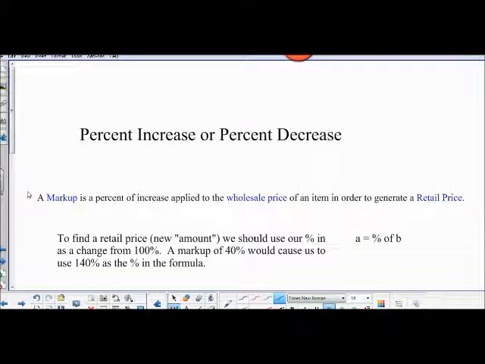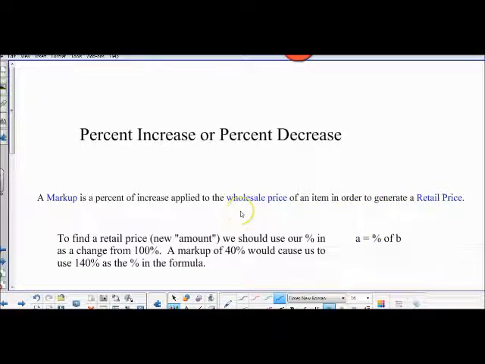Sometimes we're told what the percent increase or the percent decrease is in a lot of situations. And here's one. A markup is the percent of increase applied to the wholesale price of an item in order to generate a retail price.